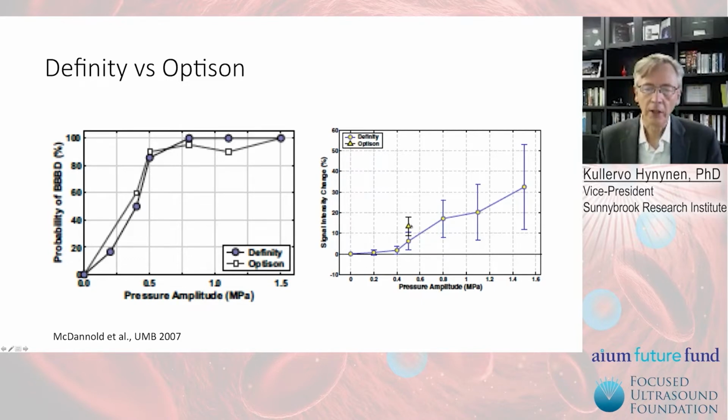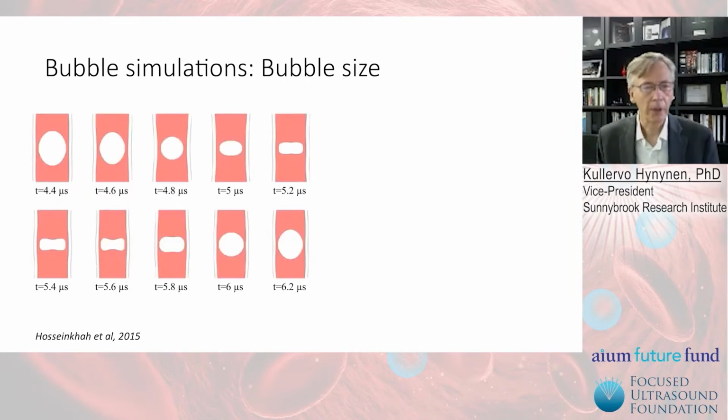It looked like there is a little more enhancement with Optison than with Definity, but it's all within the margins of error. So it seems like the standard imaging bubbles work. Others have done more work on this, and Pauli was presenting last week about this, talking about different bubbles and different tests. So it looks like almost any bubble works fine for blood-brain barrier opening.